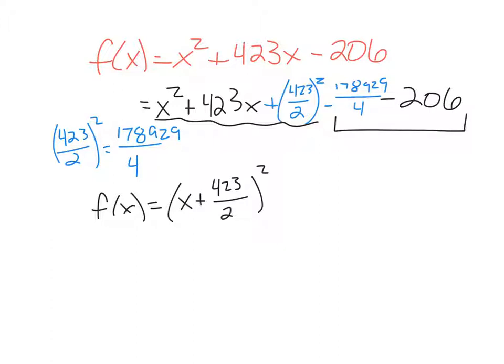So negative 178,929 over 4. Minus 206 is negative 44,938.25. Did you put a negative 178,000? Okay.